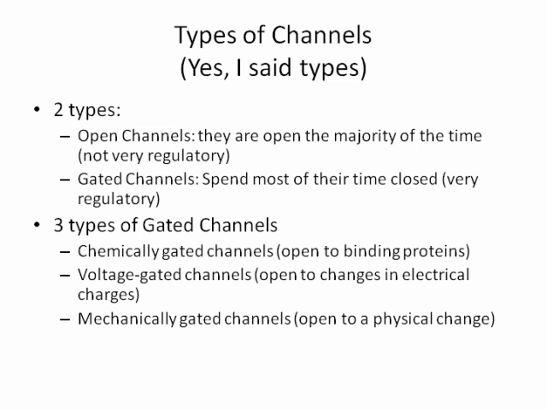But if you think about this, the main difference between an open and a gated channel is that gated are a little bit more regulatory. They're a little bit more picky about what's coming through. What really makes that gated channel a channel and not a carrier protein is the way it functions. That gated channel, by far, is regulated through water passing through it. And that's the key determination.